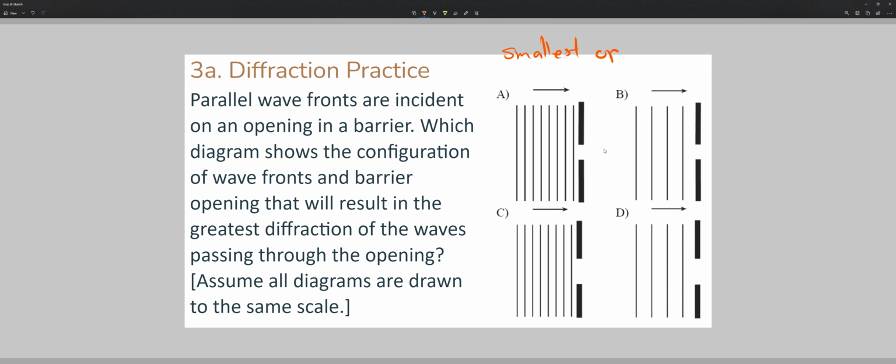So that means C and D are incorrect, and you want the largest wavelength. So it's going to be B. Small opening, largest wavelength, which B shows.